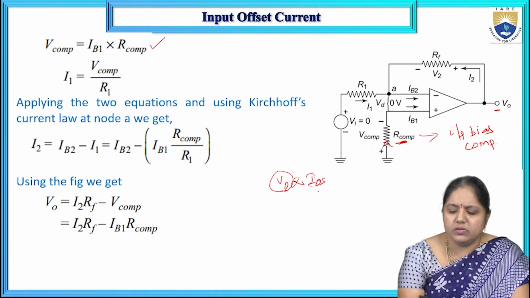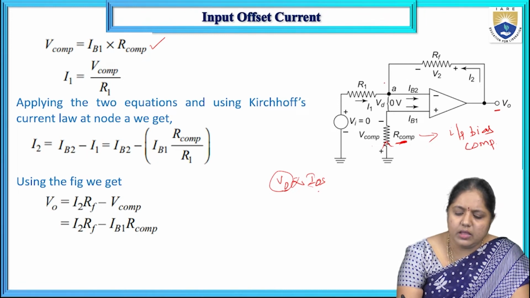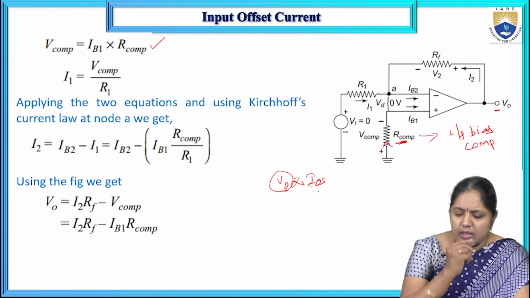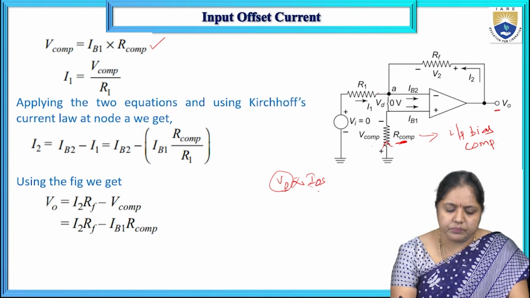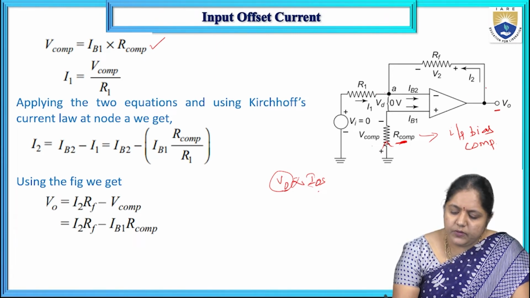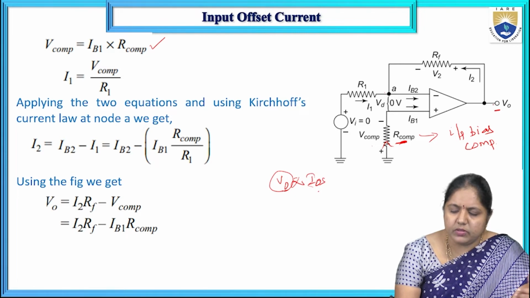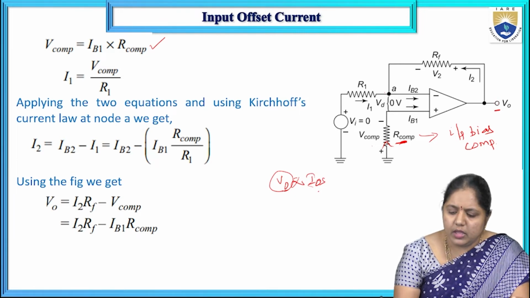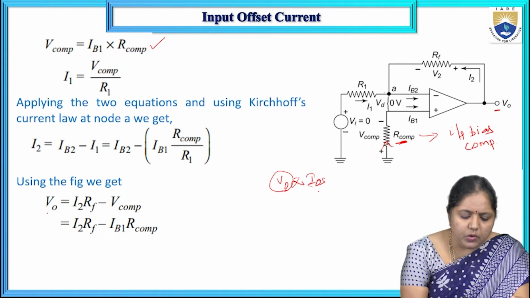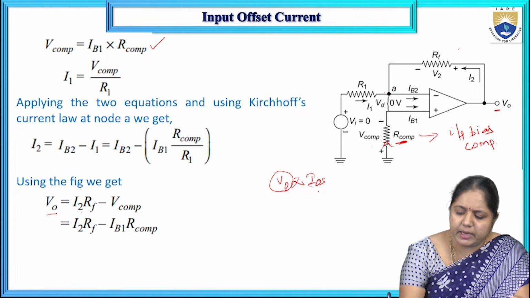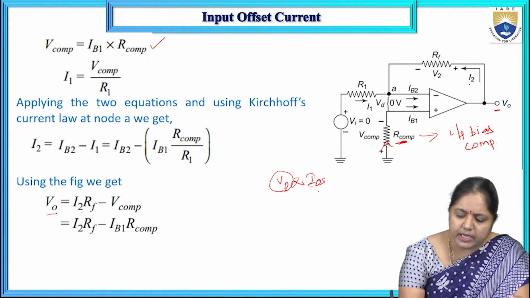Now I want to find the output voltage. For a better understanding, the output voltage is taken as V0 equal to I2 into RF minus V comp, where I2 is the current passing through the feedback resistor. How did we get the V comp?